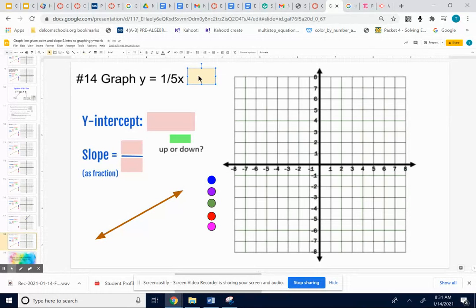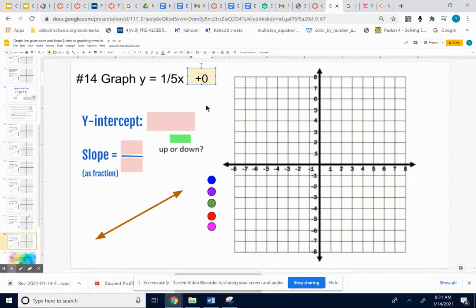What can you add to something without changing it? Not 1. If you add 1 to a number, it's gotten 1 bigger. You don't want to add 1. If you want to add something without changing, you have to add 0. So we have to think of this as 1/5 x plus 0.